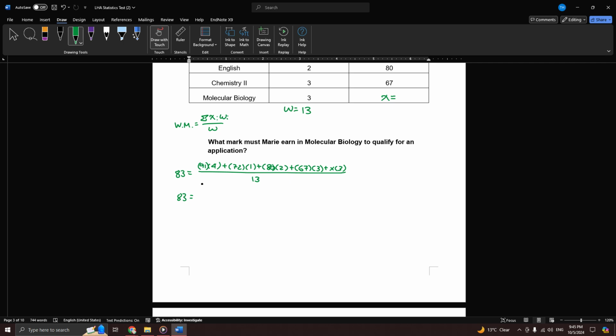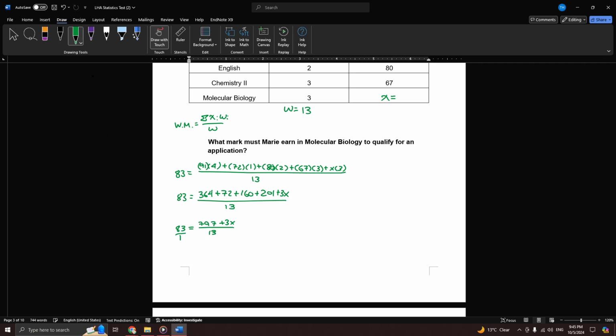That's 91 times 4 is 364 plus 72 plus 160 plus 201 plus 3x. That's all divided by 13. So 364 plus 72 plus 160 plus 201, that's 797. Okay? Let me write down another line here. So 83 is equal to 797 plus 3x over 13.